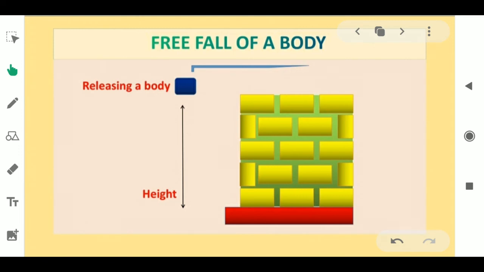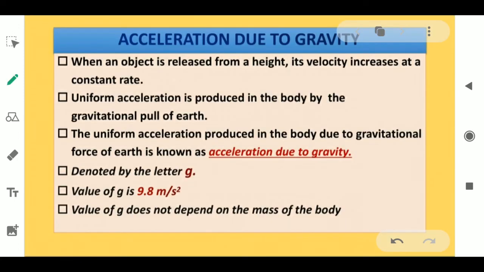Means we are just releasing a body from a particular height and the body is moving towards the earth because the earth is attracting this body towards its center, right? And if no other forces are acting, the body will easily reach the ground, right? And it is what we call free fall of a body. It's a very simple idea. Clear? Yes.